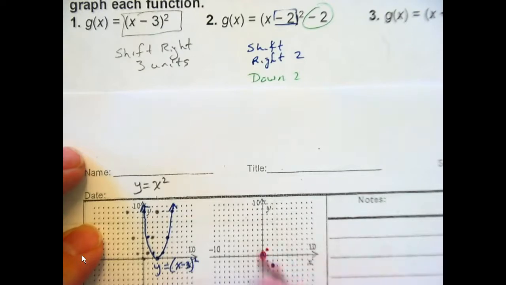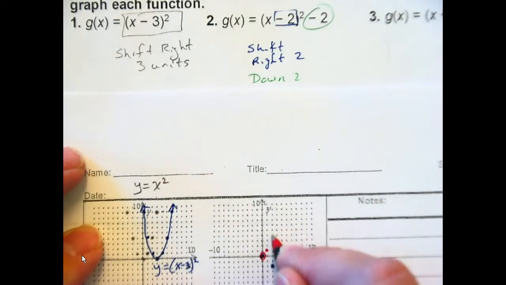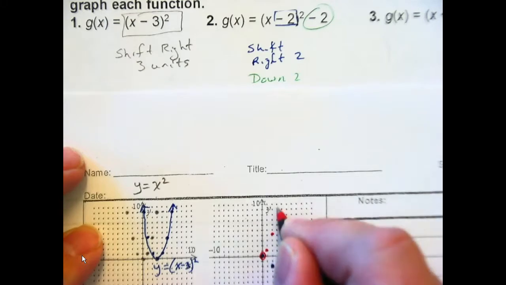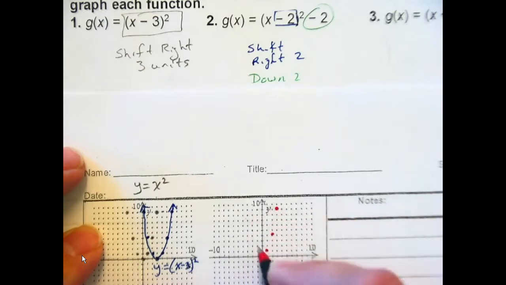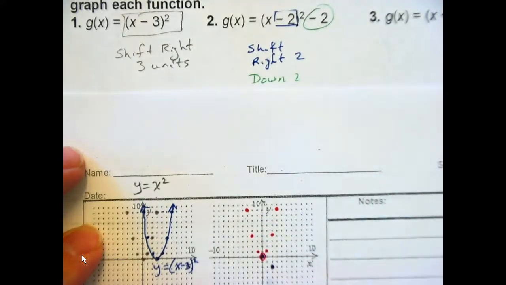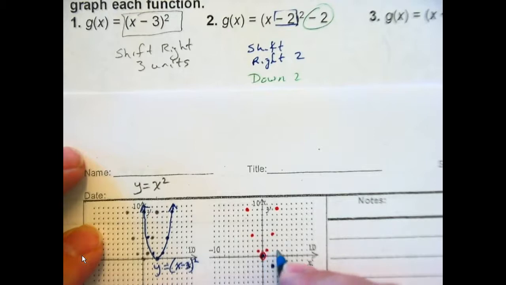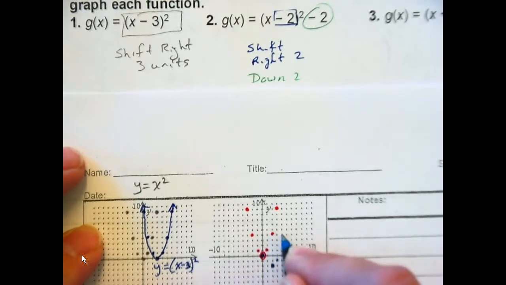Well, let me put my parent function on here. All right, there's my parent function. So my shift here, I shift all those over 2 and down 2. Over 2 and down 2.